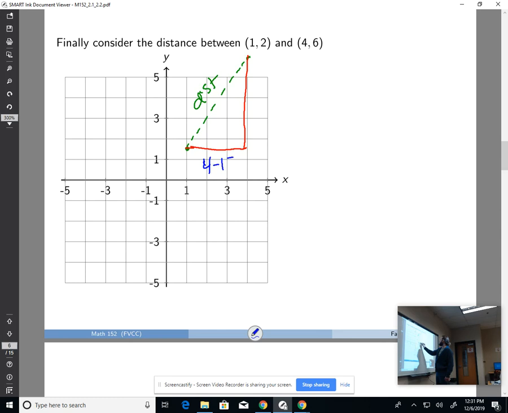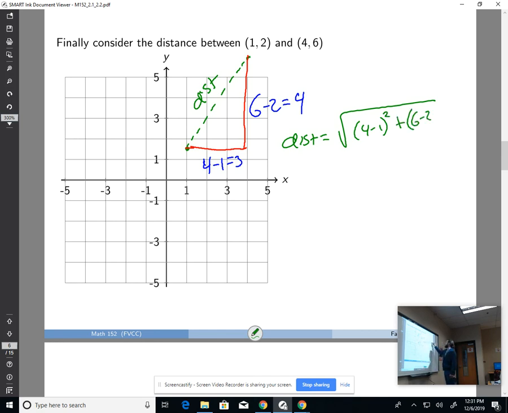This side is 4 minus 1, which is 3. This side is 6 minus 2, which is 4. That tells me my distance equals the square root of (4 minus 1) squared plus (6 minus 2) squared.